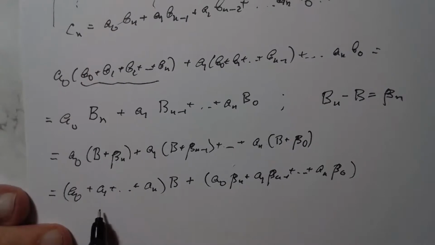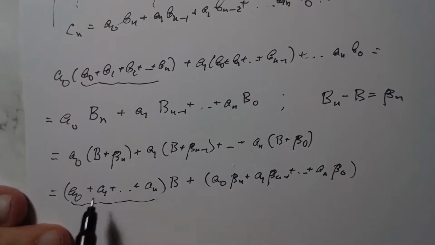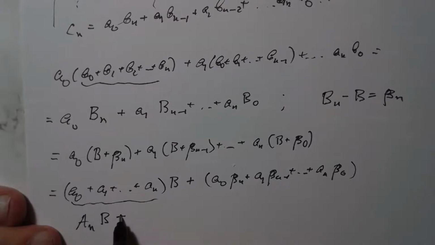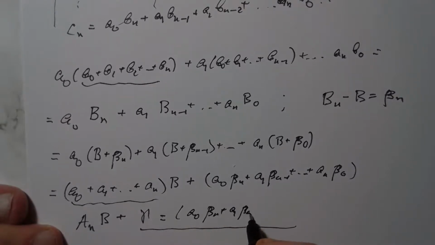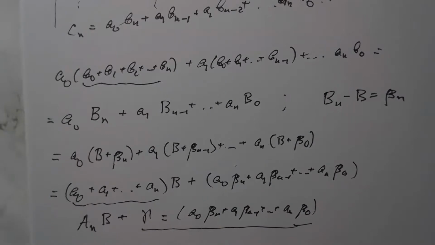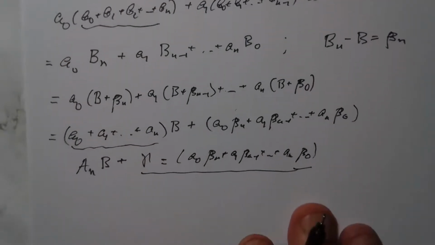Okay, so this here is the nth partial sum of the series A. So this is A_n B, and then I'm going to add to it a gamma_n, which is equal to this A_0 beta_n plus A_1 beta_{n-1} plus etc. plus A_n beta_0. Now, these are long computations, and to be honest with you, I like it probably as much as you do, but they're not difficult.